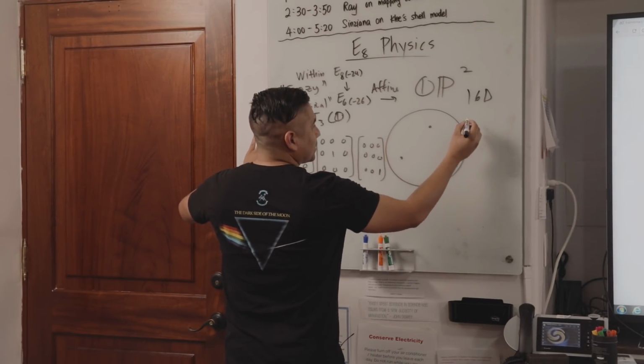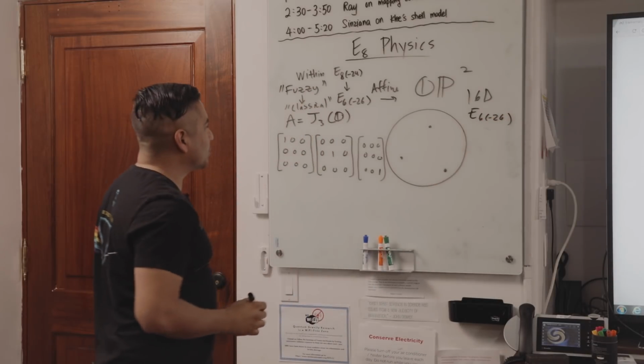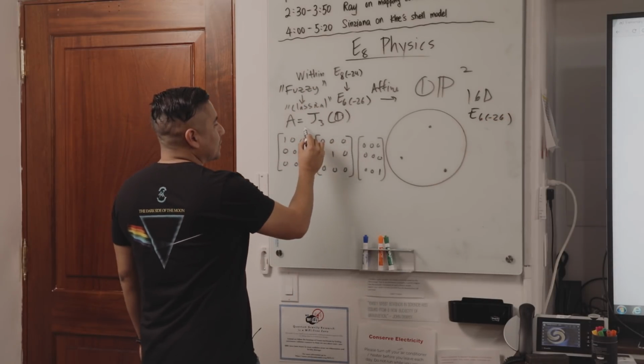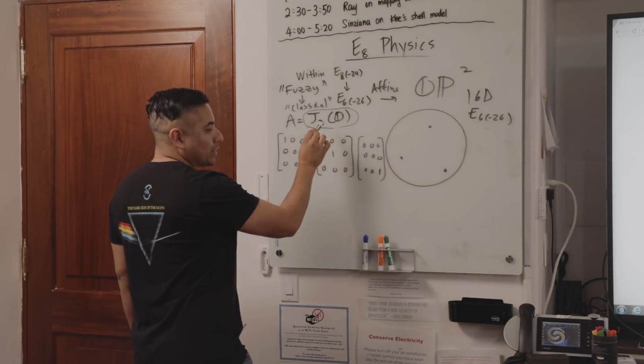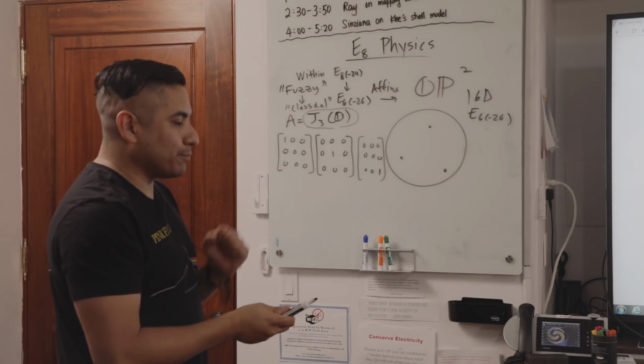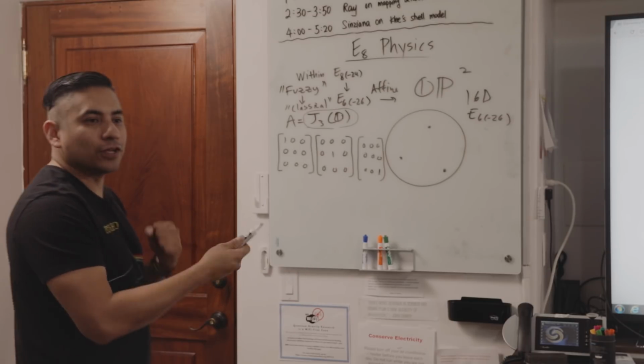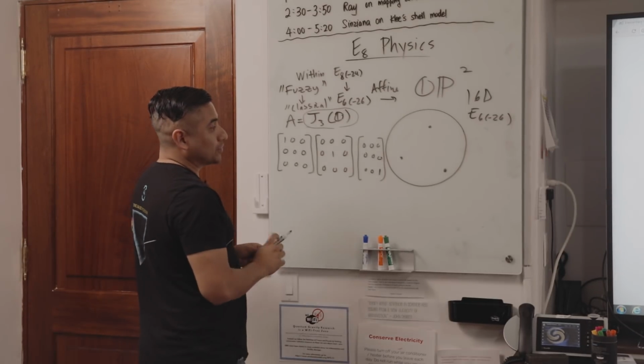Its largest symmetry is the E6, 26. That's the affine symmetry of this plane. And it's the group of transformations of the Jordan algebra that preserve the determinant. So the determinant is sort of like, if you think of it geometrically, a volume preserving transformation.